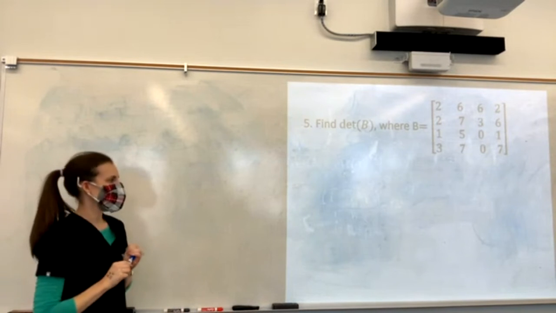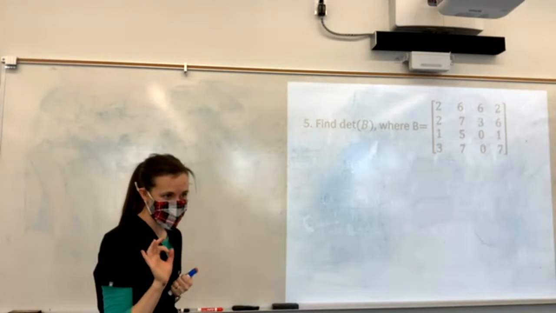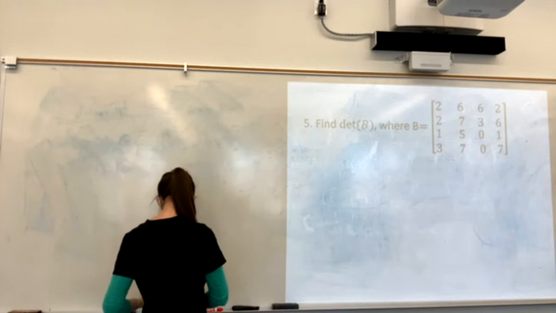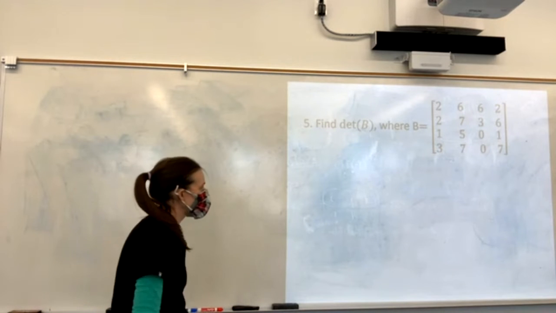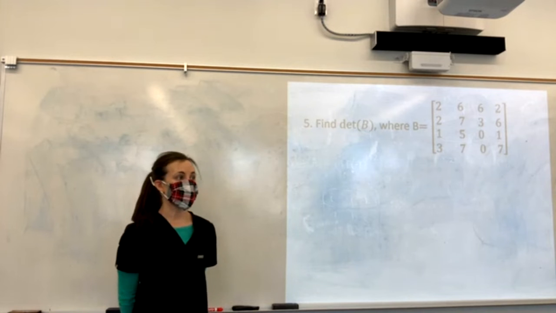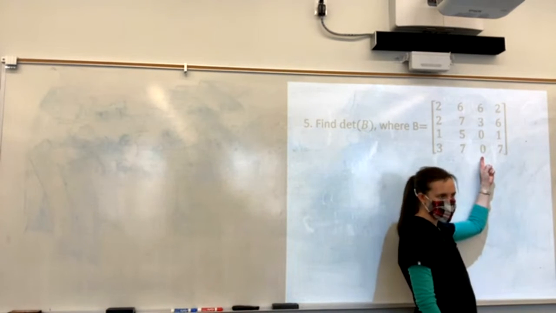But in practice, it might be to our advantage to be strategic about which one we pick. So when I look at this matrix, is there a particular row or column that looks like it might be the most appealing to us? Column 3, you're absolutely right, because it's got all those zeros.